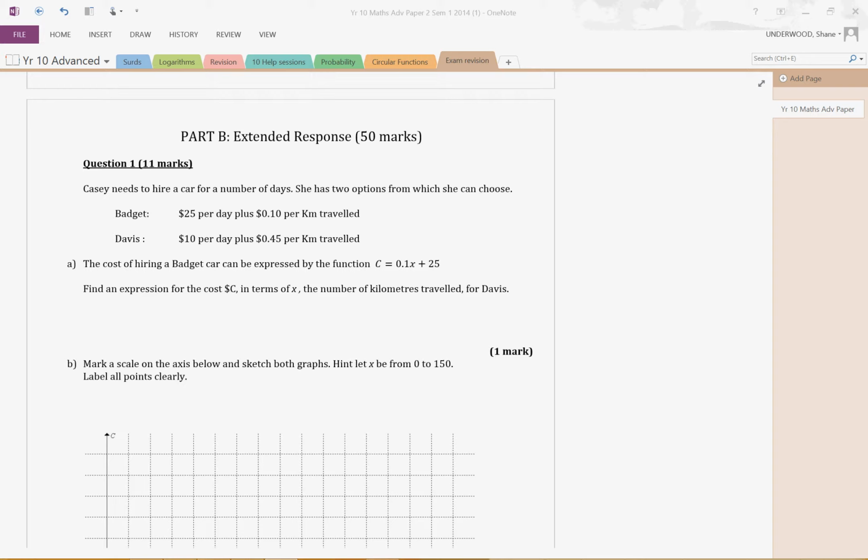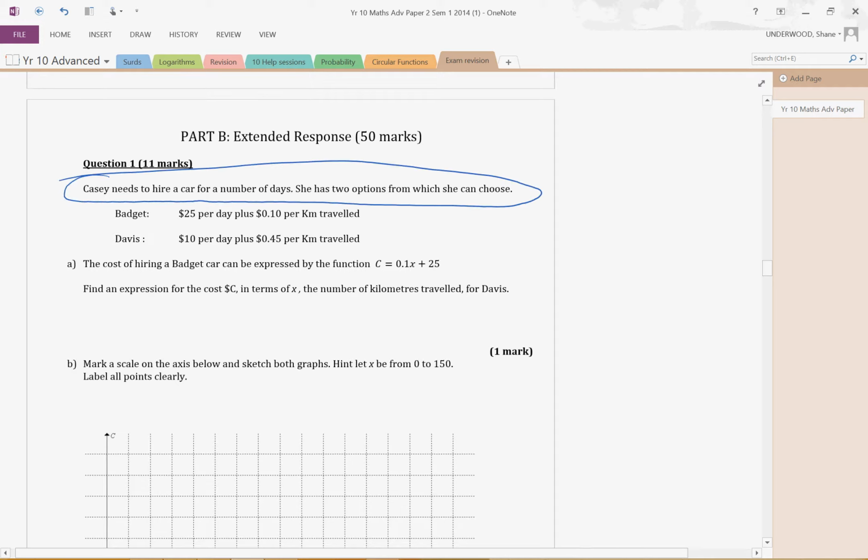So in this case, we've got a car hire company, and she has two options. We've got $25 a day plus 10 cents per kilometre travelled, and $10 per day plus 45 cents per kilometre travelled. So the cost can be expressed like this.